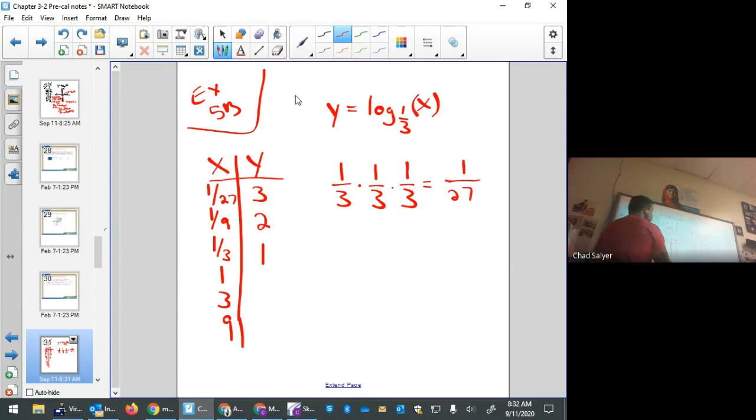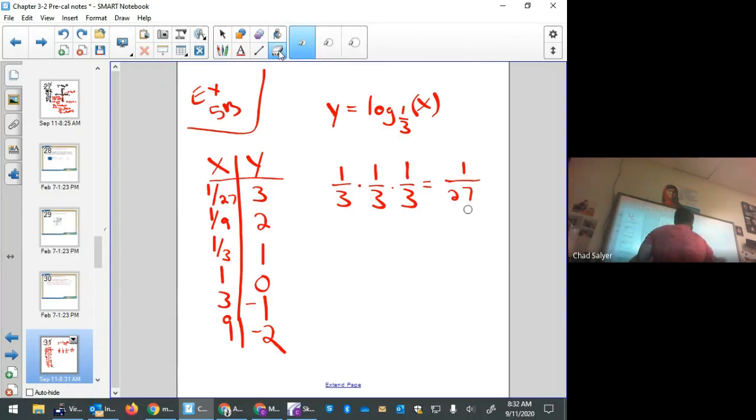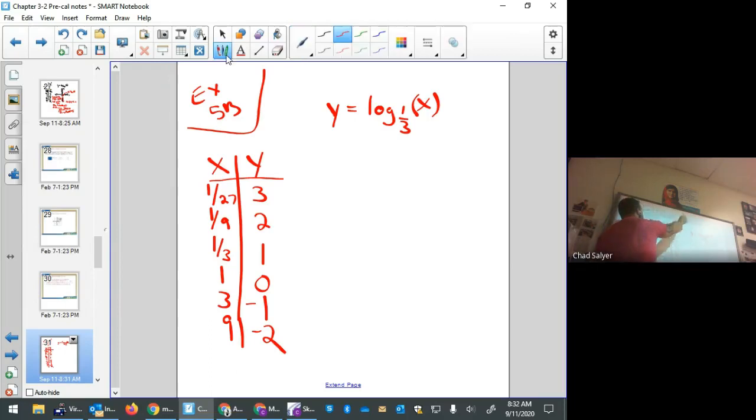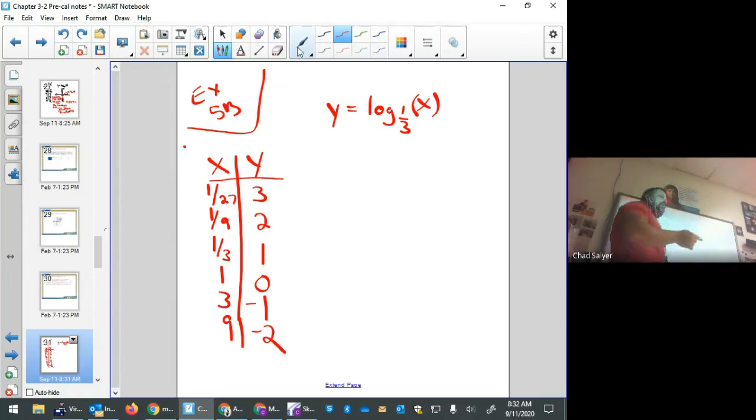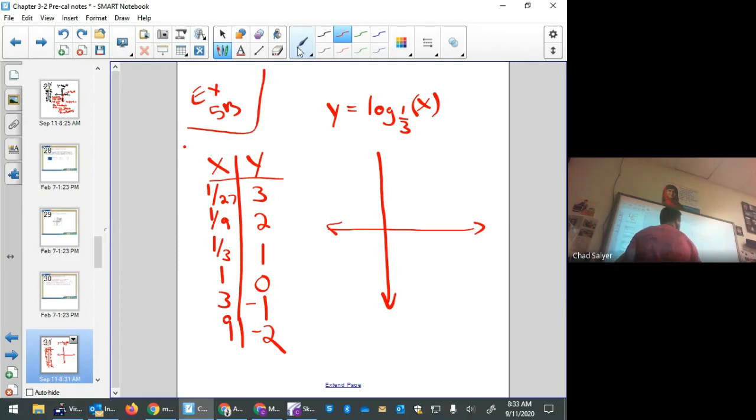So 1/3 to the 0 power is 1, and then 1/3 to the -1 power is 3, and 1/3 to the -2 power is 9. So as Jesse pointed out, this can be a little bit counterintuitive when you start out with a fractional base, because they're sort of the opposite of the previous situation. This is logarithmic decay. The last one was logarithmic growth.